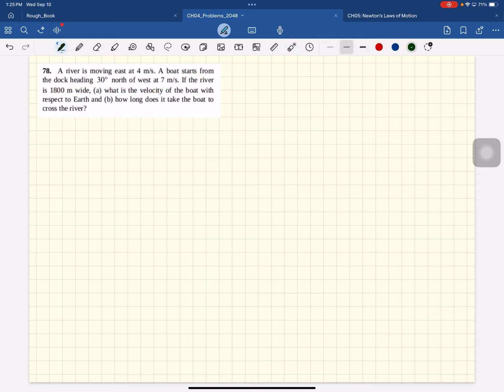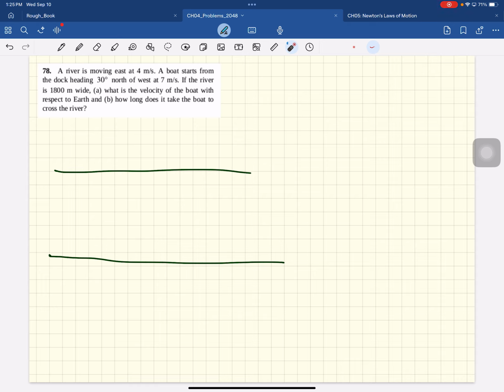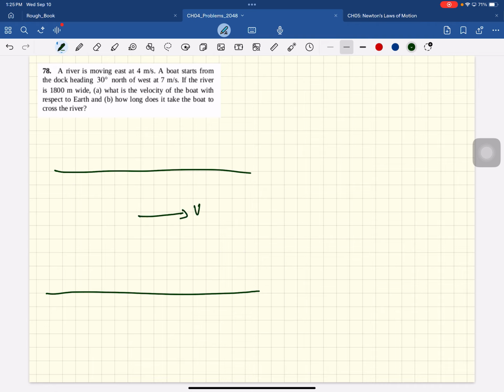So the boat is starting heading 30 degrees north of west at 7 meters per second.